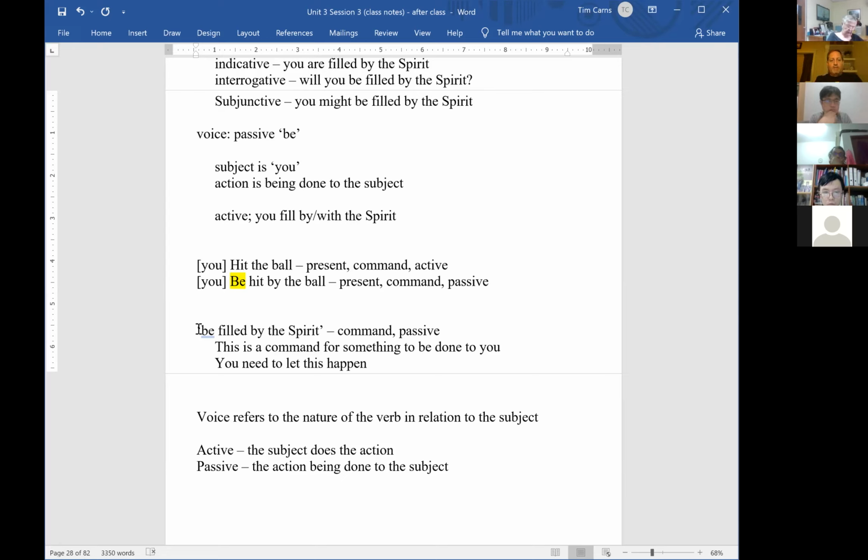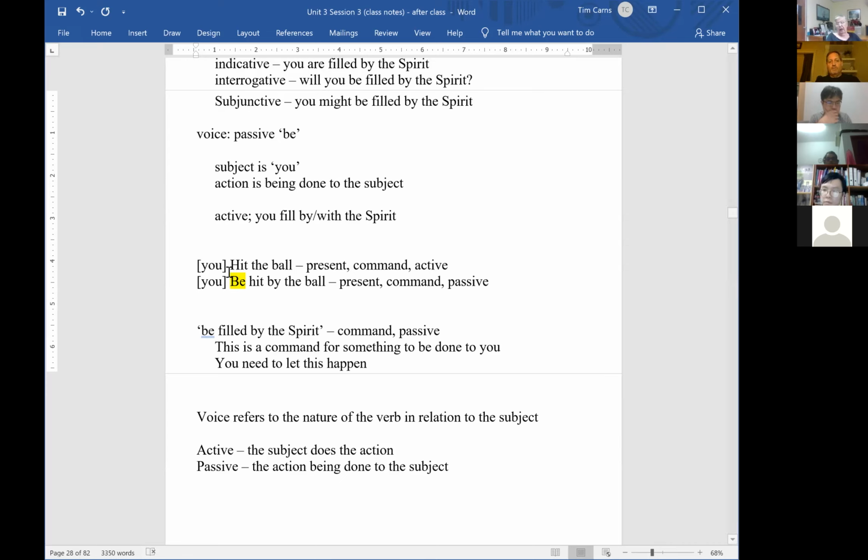Like the example, be hit by the ball, we would understand that the subject will need to do something to put himself or herself in the position to carry out the command. So even though the subject is not hitting the ball, that would be active. The subject's being hit by the ball. So someone else is doing the action. The subject still may need to do something to put himself in position to receive that action.